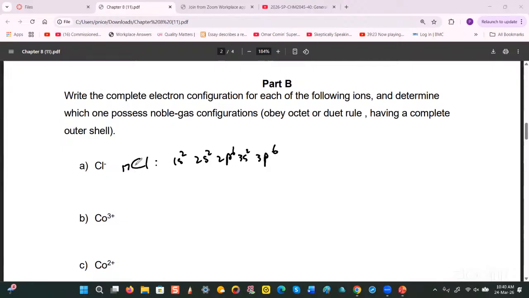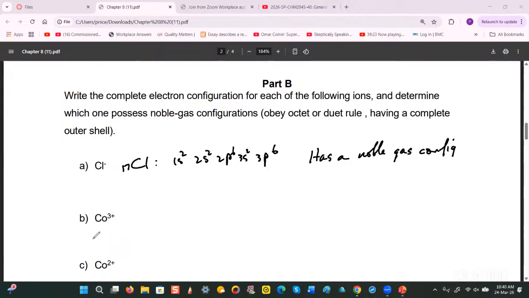And the answer is yes, because it has the same electronic configuration as the group 8 element in that period, which is argon. So it has a noble gas configuration. And that's it. All right.